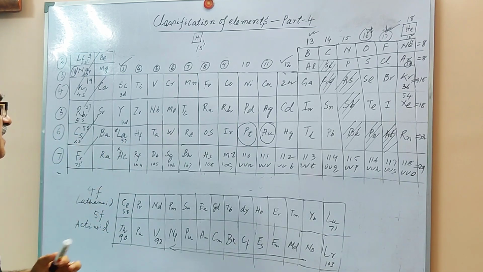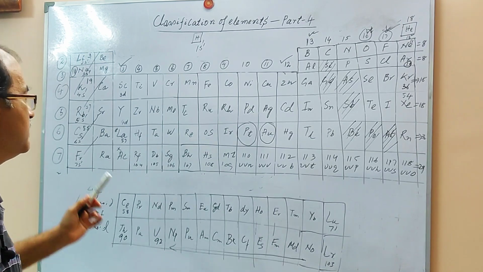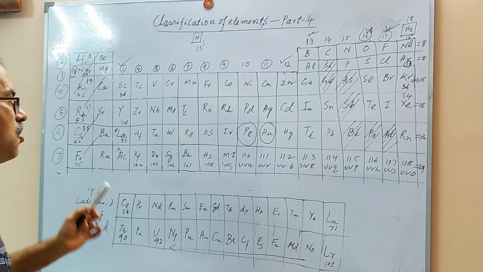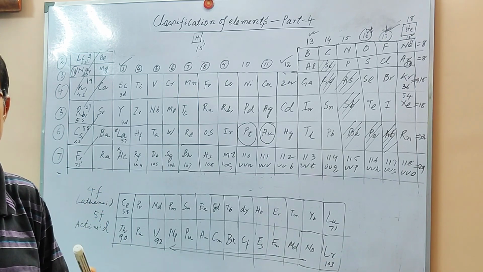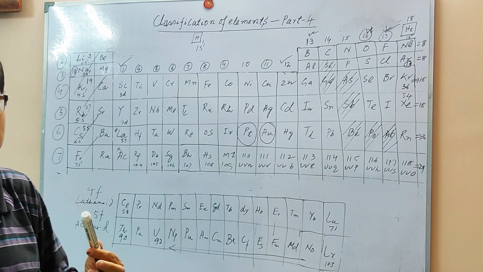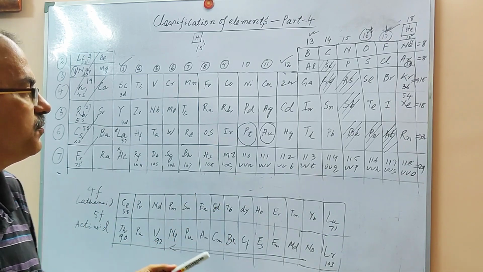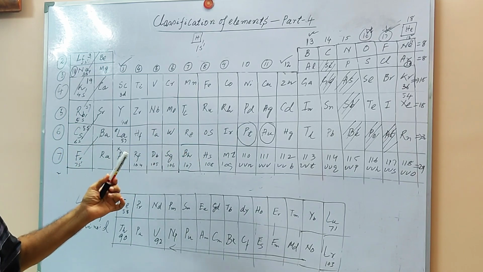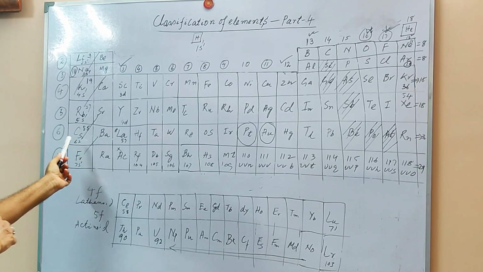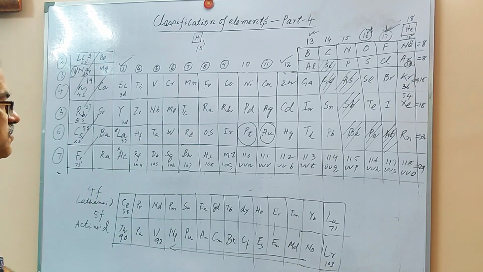In the sixth period, there is a filling of the 6s orbital along with the 4f, then 5d, and then the 6p orbital. So in this sixth period, you will find there are 32 elements.